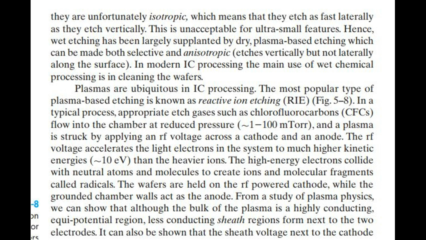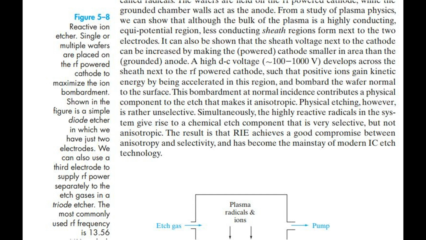The RF voltage accelerates the light electrons in the system to much higher kinetic energies, 10 electron volts, than the heavier ions. The high-energy electrons collide with neutral atoms and molecules to create ions and molecular fragments called radicals. The wafers are held on the radio frequency-powered cathode, while the grounded chamber walls act as the anode.